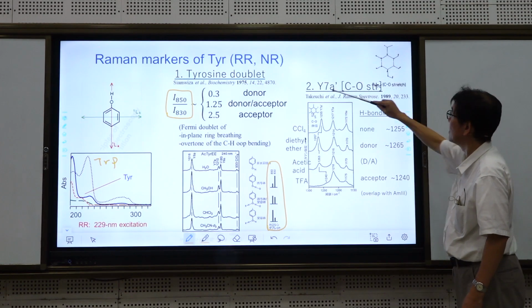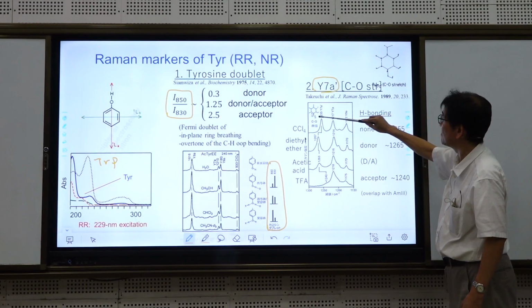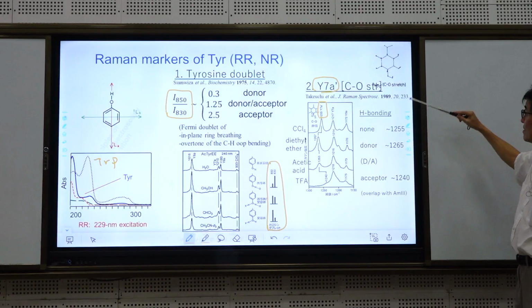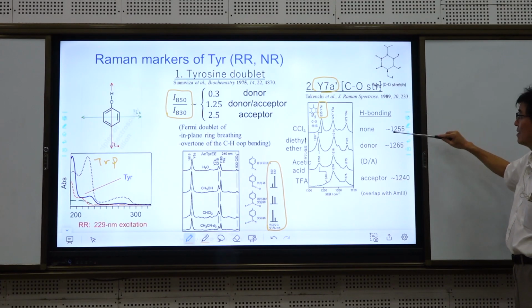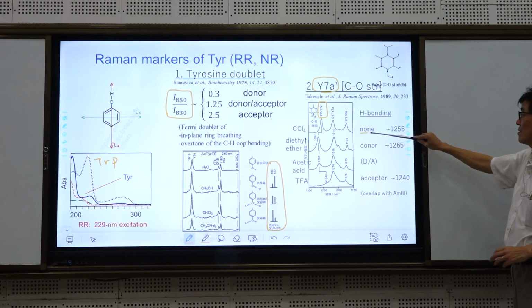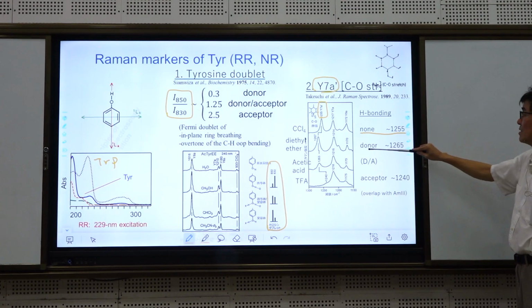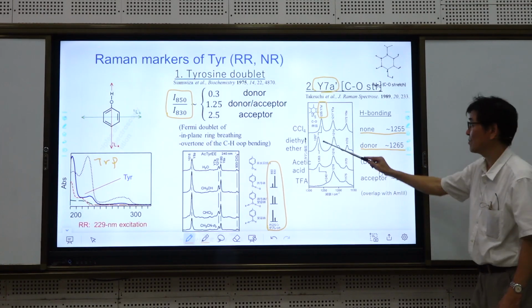Also, the peak at so-called Y7A prime, the CO single bond stretch. The peak position changes depending on the hydrogen bonding. So if it is isolated and there is no hydrogen bonding, it is 1255. If it is a hydrogen bonding donor, it moves to a higher position.